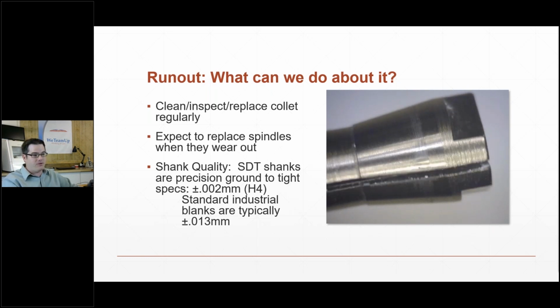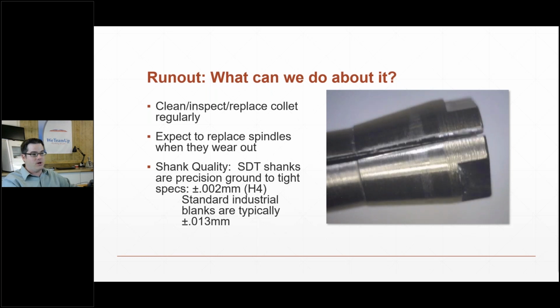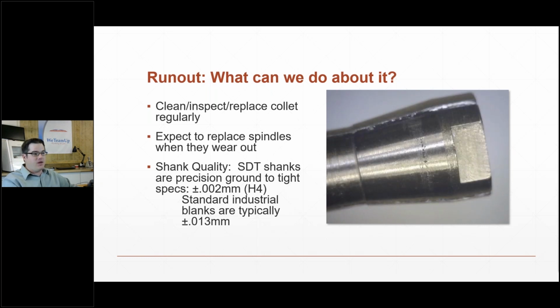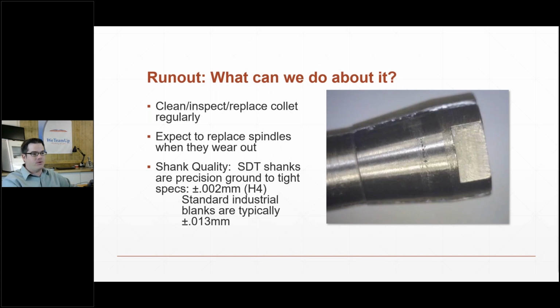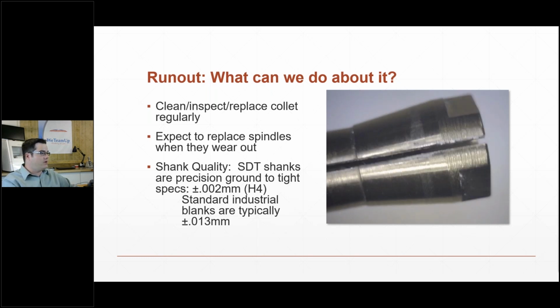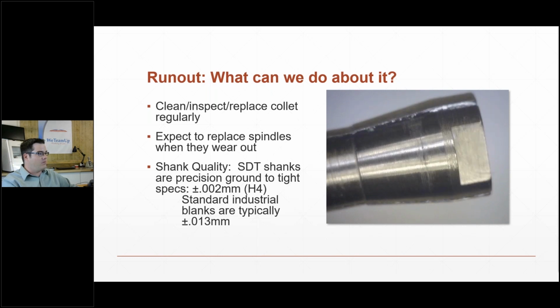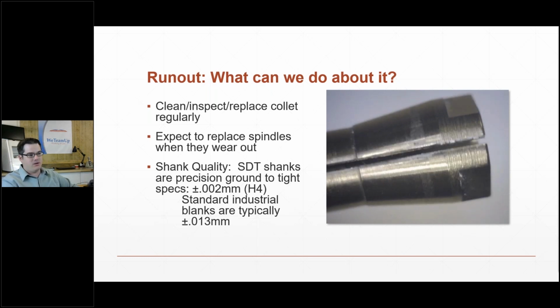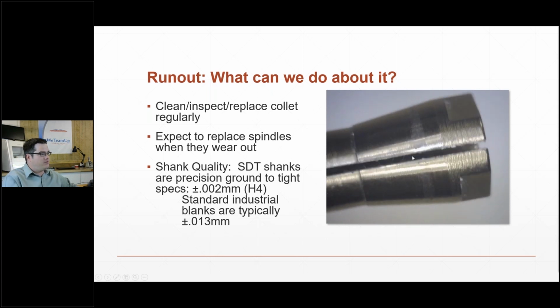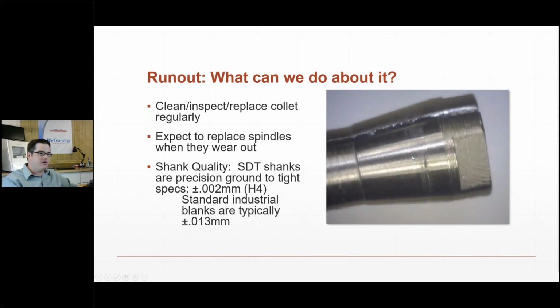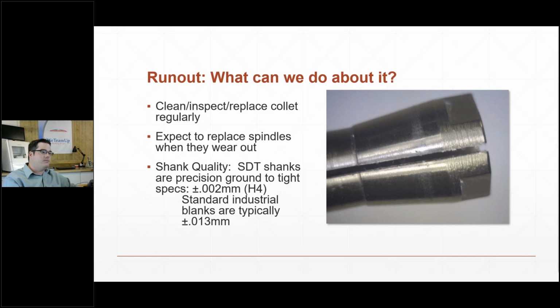It's solely responsible for centering the tool along that spindle's axis, and it's only able to do a certain number of cycles, so they do wear out. This tool here, you can see there's some wear facets on this tapered portion of the tool, and this one is ready to go.